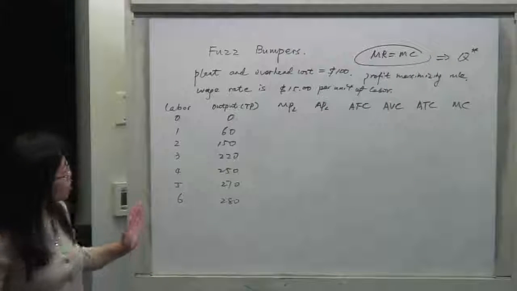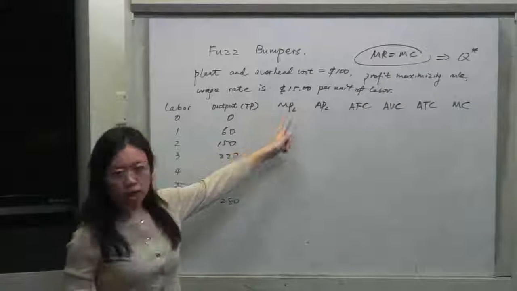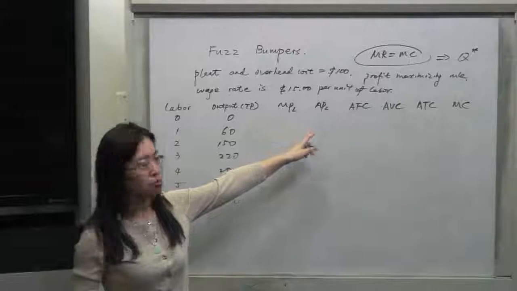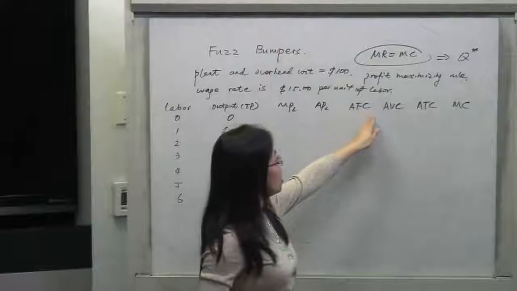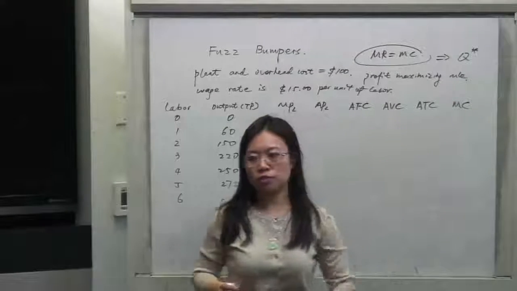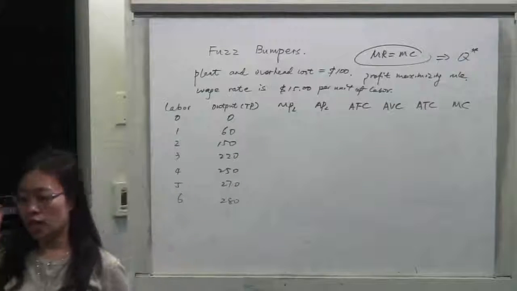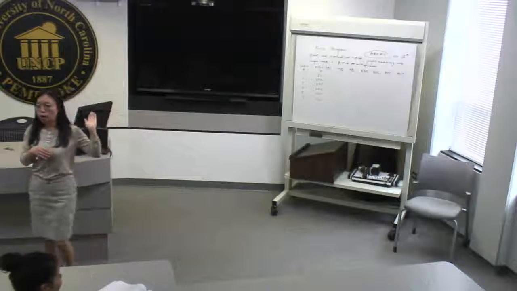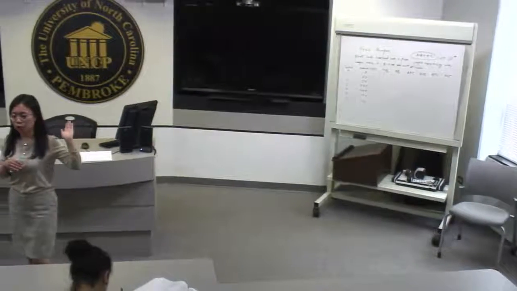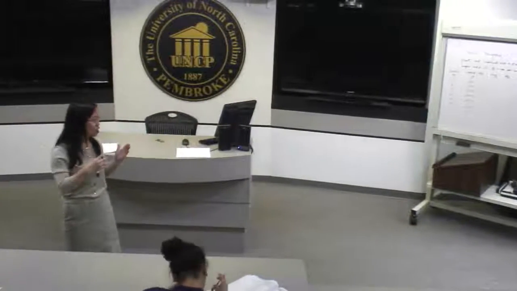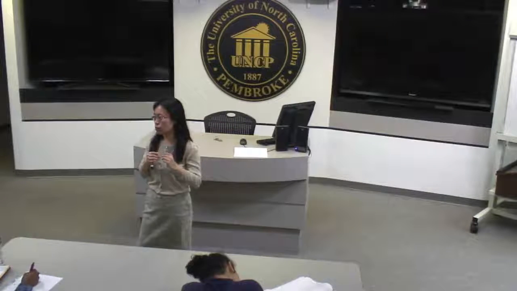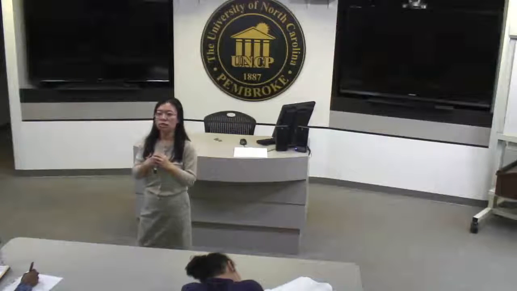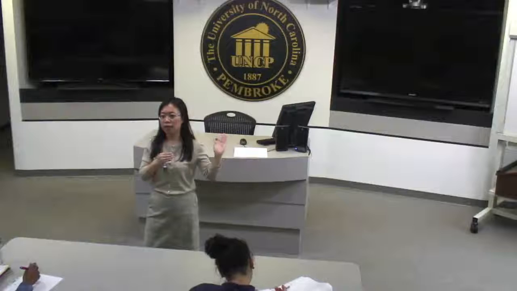Now I'm asking you to find marginal product of labor, average product of labor, fixed cost, and marginal cost. So this is combining chapter 7 and chapter 8, because in this table, I'm not only asking you to find something related to the production function, but also related to the cost.